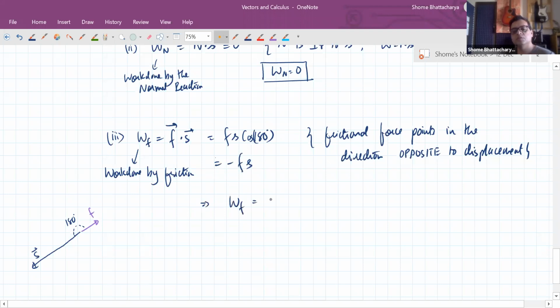So the work done by friction will become negative of 10 newtons multiplied with 20 meters.